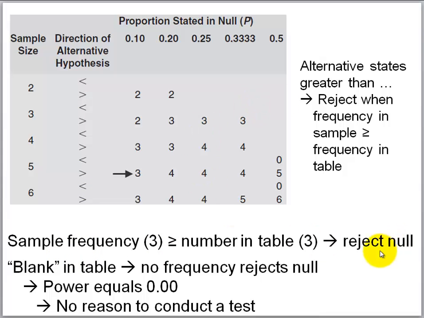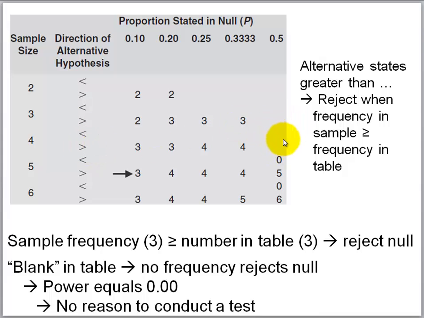So what are these blanks conveying? A blank in the table is conveying to you that no study sample result, that is, no obtained frequency, will result in rejection of the null. Suppose that you had a sample size of, say, 4, and that the proportion that you stated in the null was 0.5, and we let you carry out a directional hypothesis in either direction.